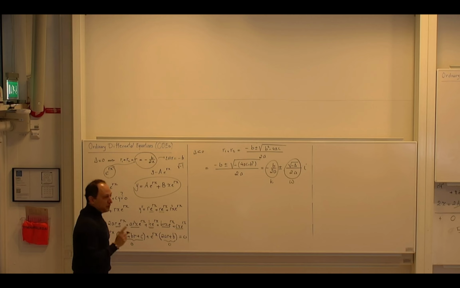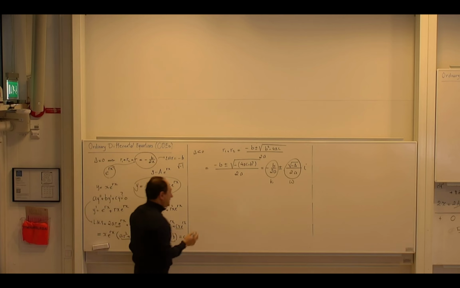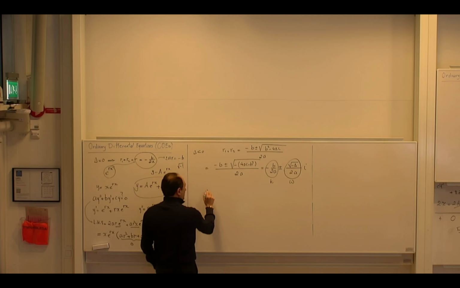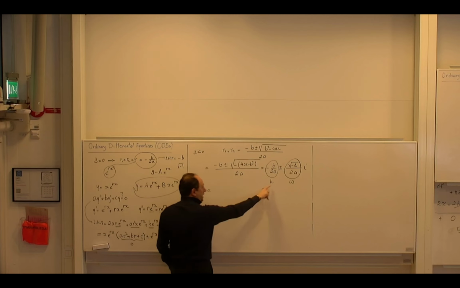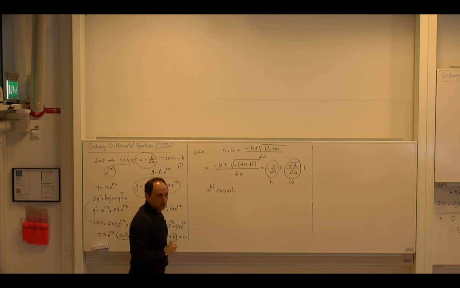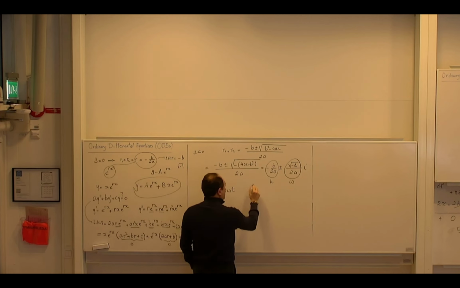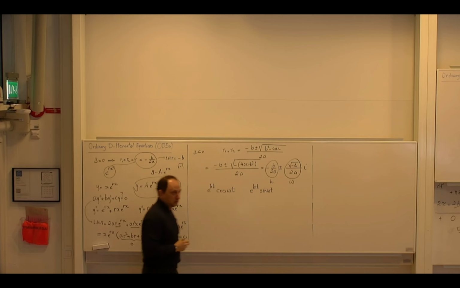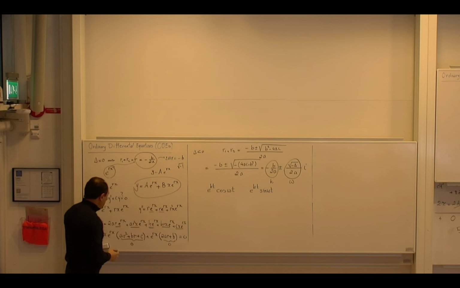Okay, but what are the solutions? The solutions are a little bit mysterious. One solution will be e to power kx multiplied by cosine omega x. The other solution will be e to power kx sine omega x. The proof is more or less like this.